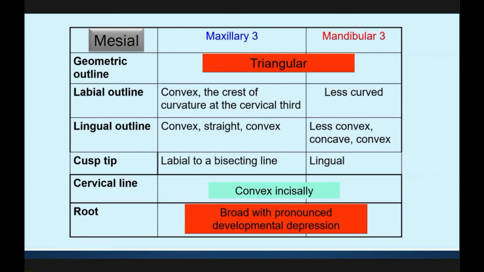The cusp tip is labial to the bisecting line, and in the case of the mandibular, it is lingual to the bisecting line or maybe straight. So in both cases it is straight or labial for the maxillary, straight or lingual for the mandibular. The cervical line is convex incisally in both teeth, and the root is broad with pronounced developmental depression in both teeth.